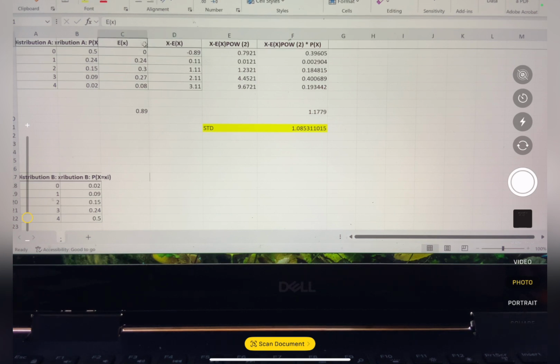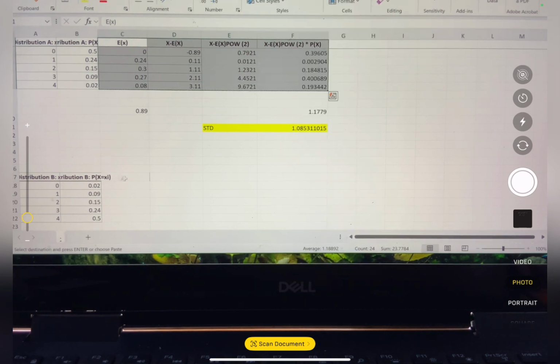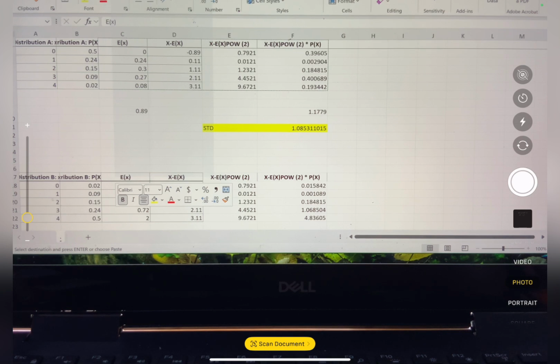I need it from E of x because I deleted E of x there. Okay, it's my mistake. Copy, and then from here I'm doing which one? Okay, let me see if it clicked on the formula. Yes, it did.